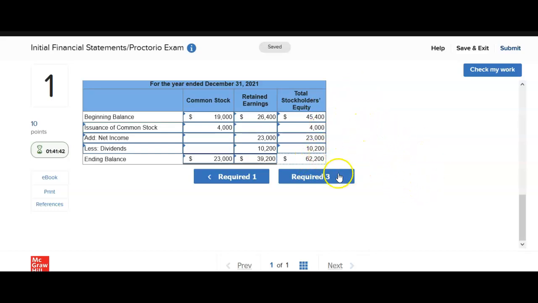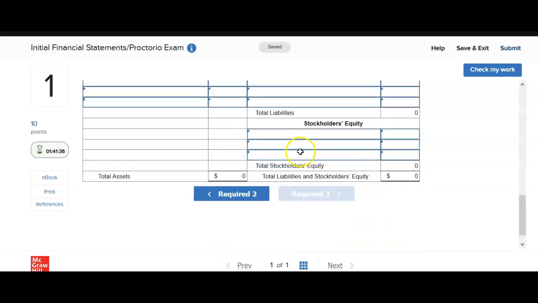Now what you will do, take this number 62.2, go to requirement 3, and drop it into retained earnings right here. And yep, drop that in, enter. I should have clicked, I guess. Clicked, and then 62.2.